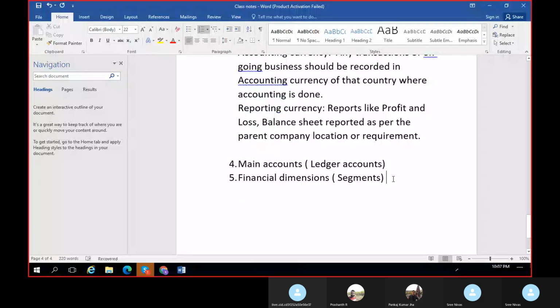So it will be easy for you to understand how they help while creating ledger accounts or ledger entries. Financial dimensions help us classify transactions, for example to get reports related to a particular branch. I'll show you that in the trial balance, and we will discuss how to pull a report for one particular dimension while explaining the ledger accounts.